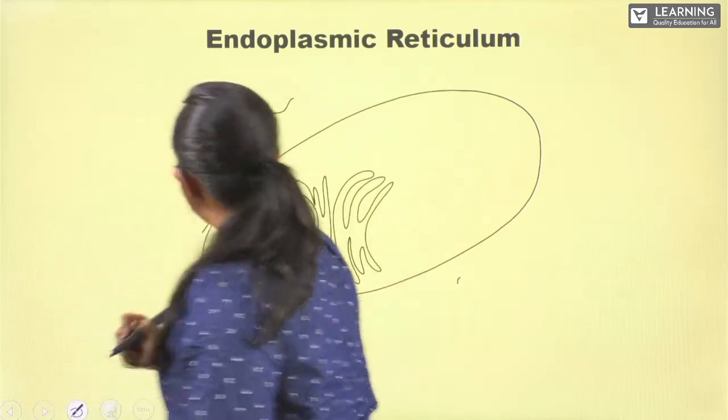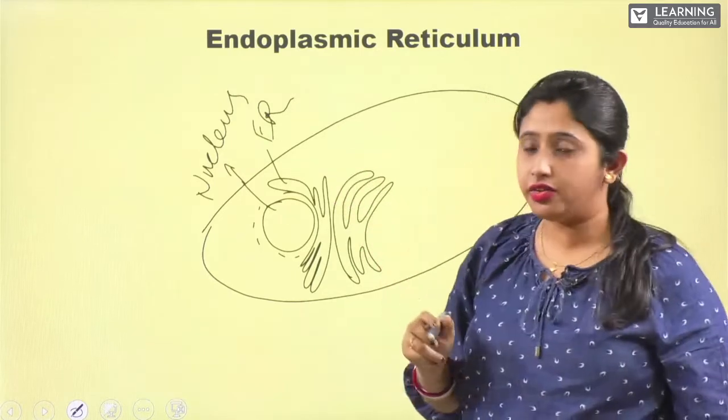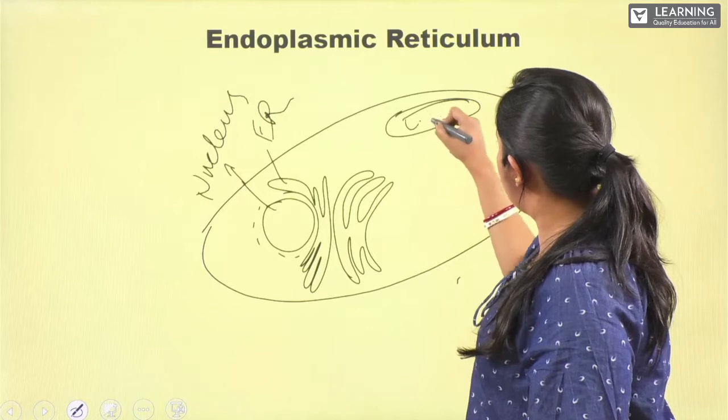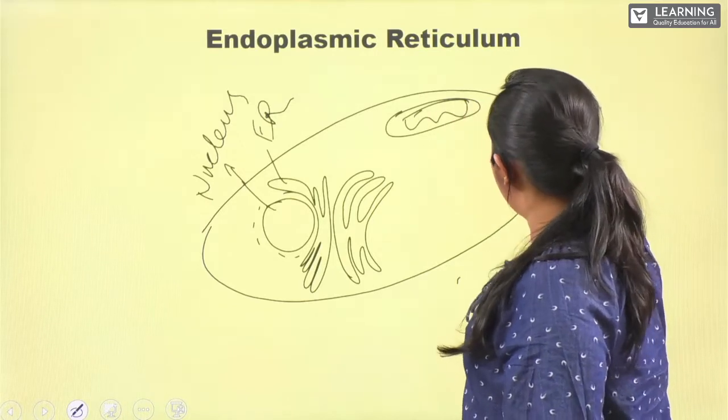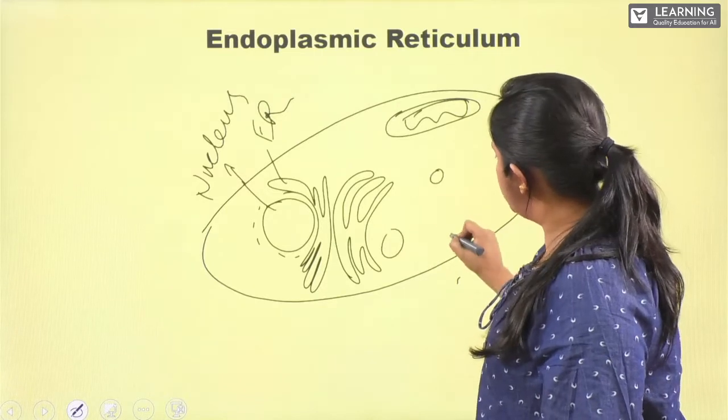Yes. So see, this is the endoplasmic reticulum. It is present near the nucleus. Here again, different cell organelles are present, like the mitochondria, the lysosomes, the ribosomes.